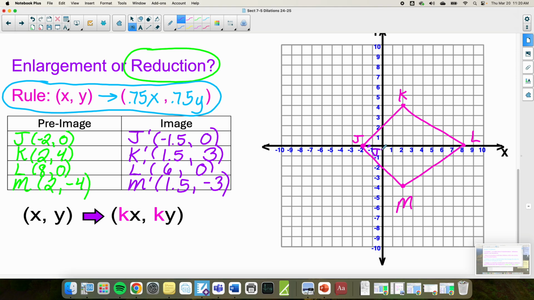And then K is 1.5, up 3, and that would be my K prime. And then L is over 6 at 0, so that is my L prime. And then M is 1.5, minus 3, down here, that is my M prime. And then you're going to connect those 4.